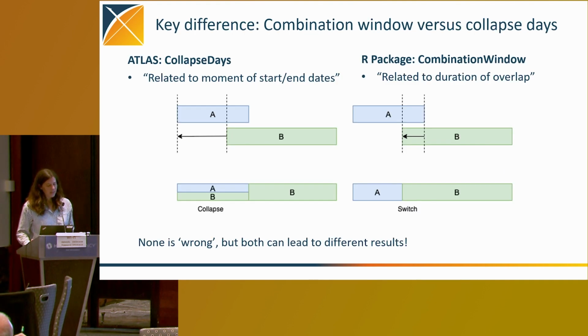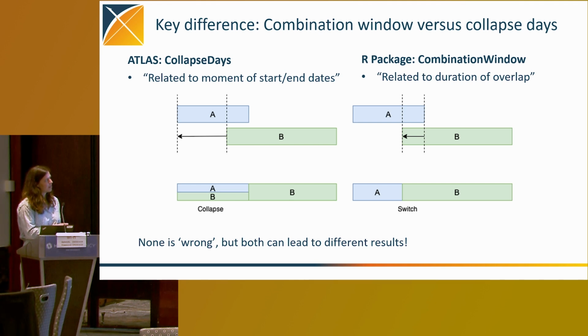Just to quickly highlight, I want to draw your attention to the fact that Atlas and the R package have a different way of using a combination window. So when we're interested in studying treatments that occur simultaneously, there is a difference with how the two handle this. I don't necessarily need to go into the details now, but the Atlas, it's more related to the moment of the start and end dates.